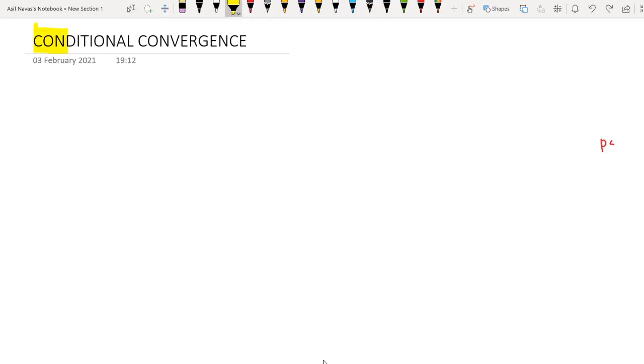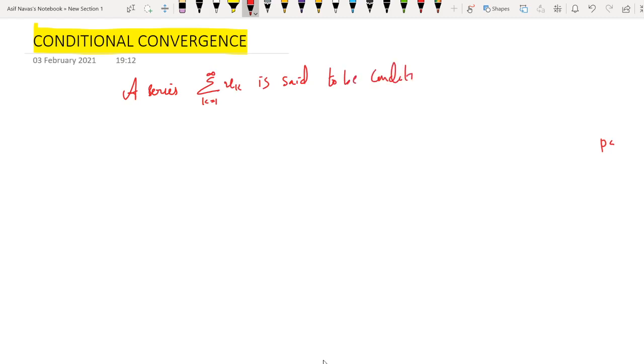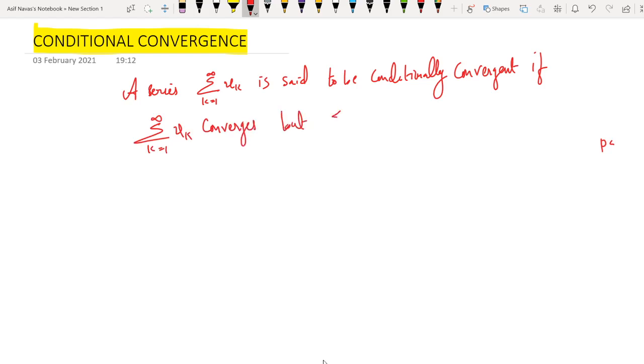Next topic, conditional convergence. A series sigma k equal to 1 to infinity uk is said to be conditionally convergent if sigma k equal to 1 to infinity uk converges, but sigma k equal to 1 to infinity mod uk diverges.